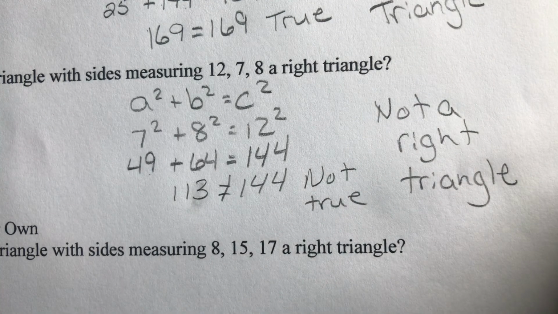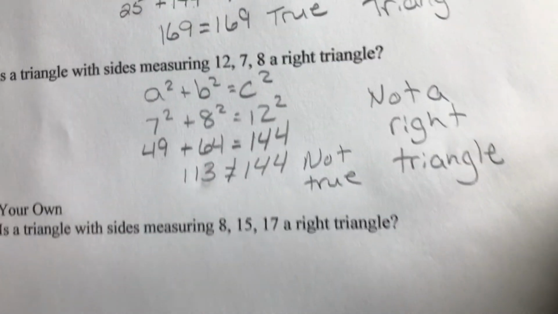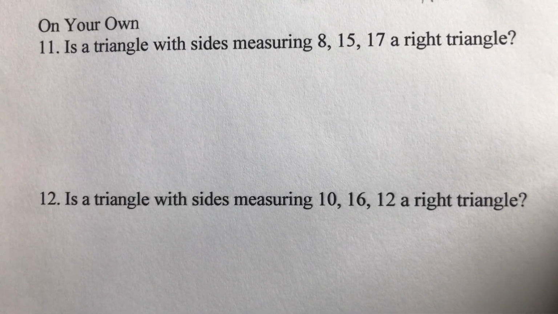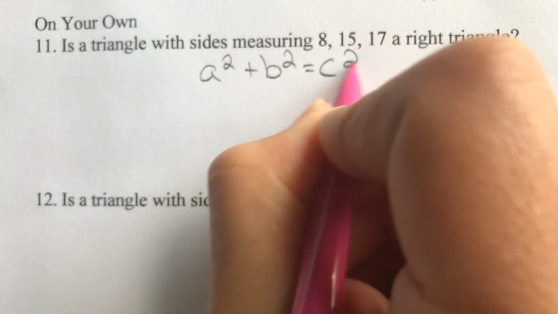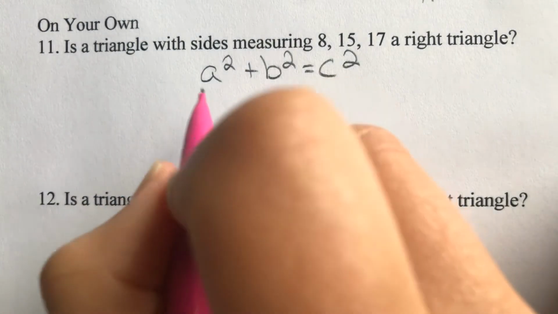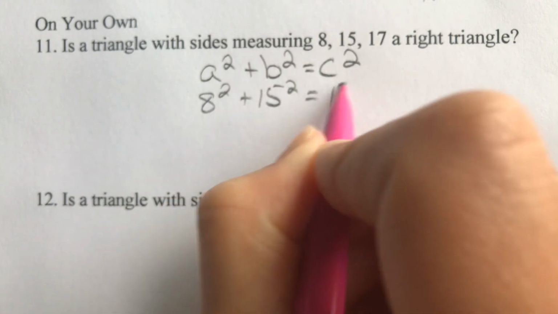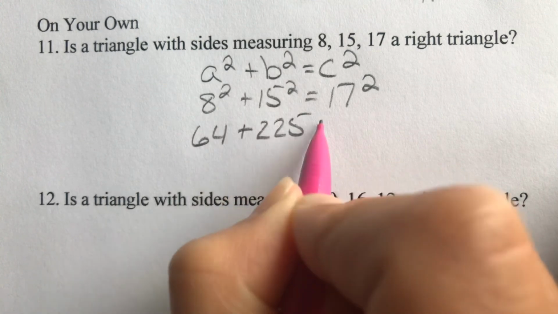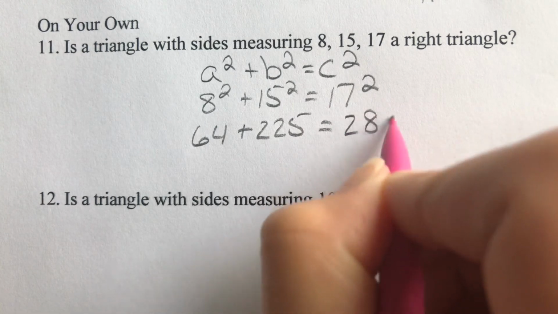Okay. All right, pause your video. You try 11 and 12 on your own. We come right back to the Pythagorean theorem. 8 squared plus 15 squared equals 17 squared. 64 plus 225 equals 289.